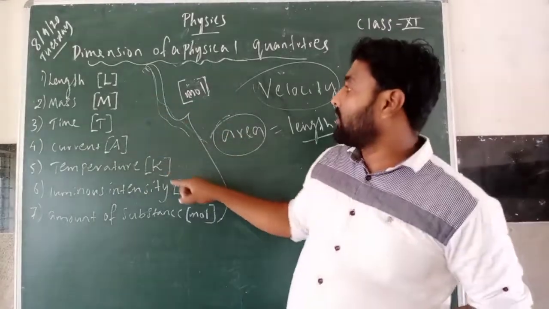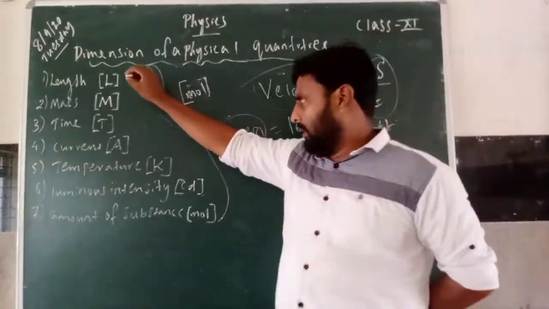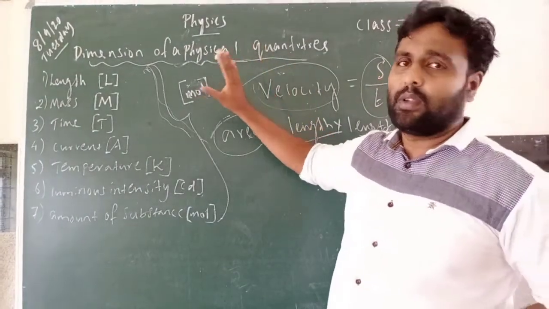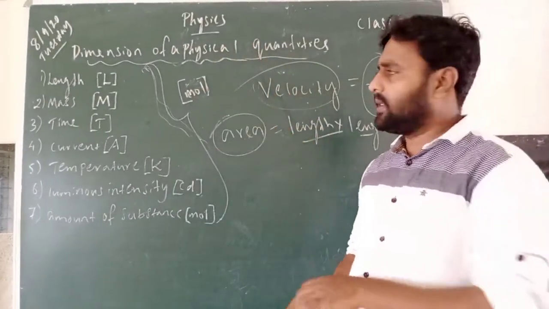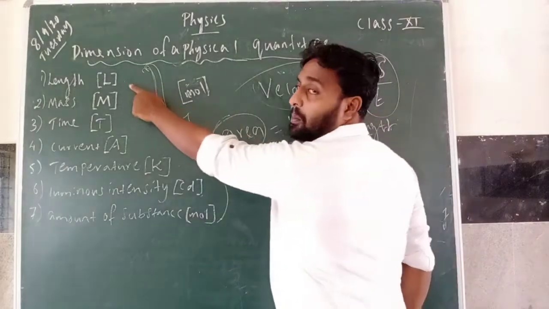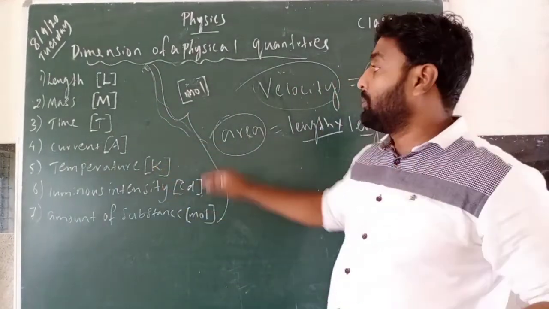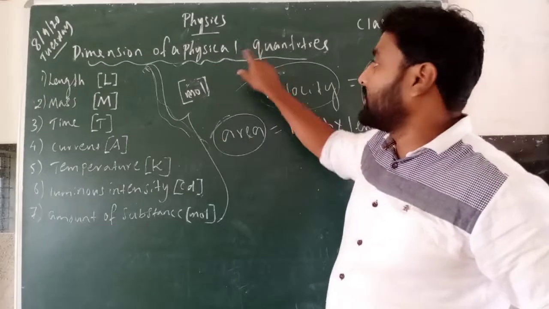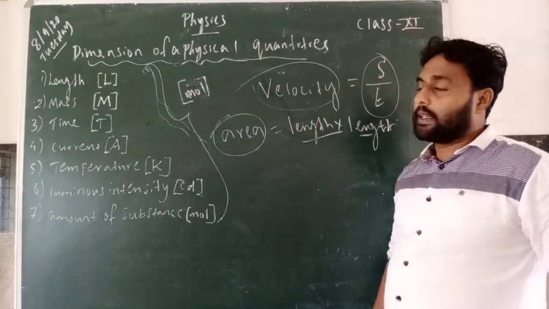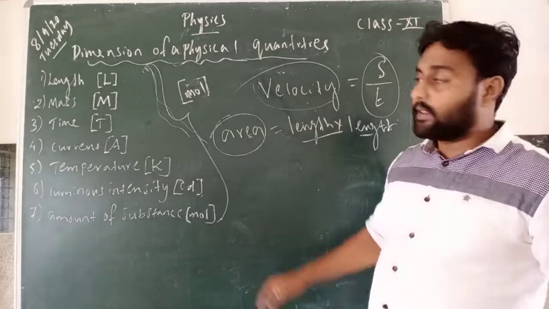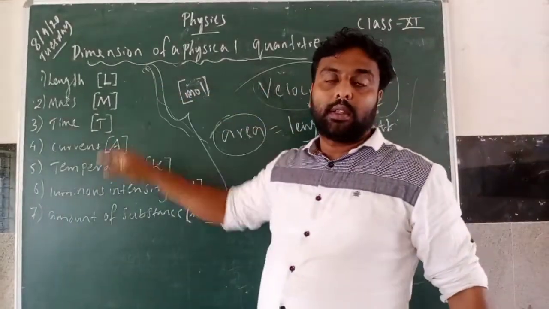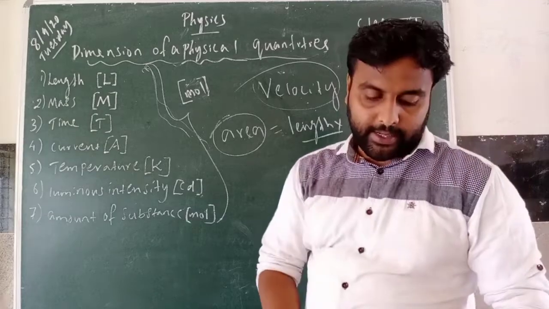These 7 basic quantities we are using to represent the derived quantities, and these are the symbols we are using to mention the dimension of a physical quantity. And these symbols, always remember, you have to use inside a square bracket.